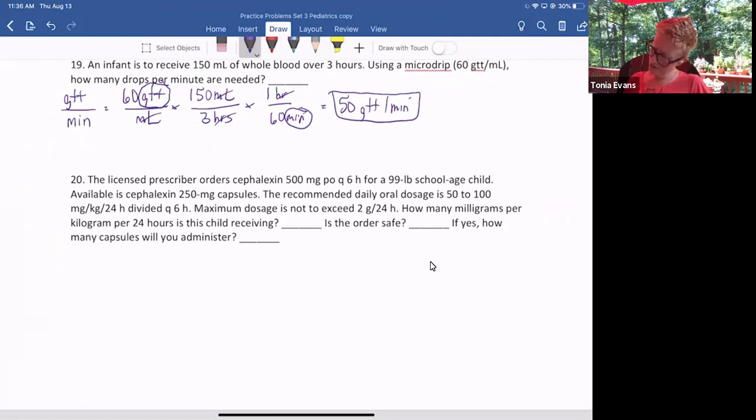Okay, we've got cephalexin 500 Q6 hours for our kiddo. There's our capsules, recommended daily dosage. We've got a daily maximum. How many milligrams per kilogram per 24 hours is the child receiving?